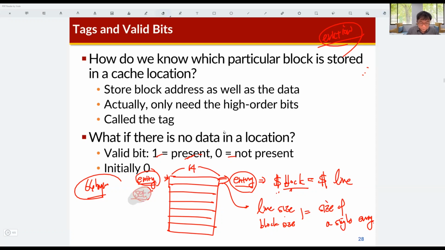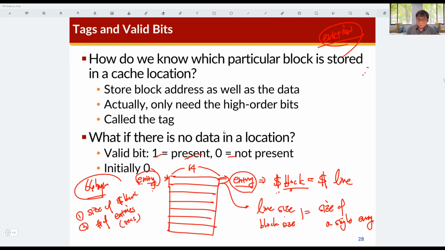When we talk about the configuration of the cache, we mention first the size of the cache block, that is the size of a single cache entry, and also the number of entries or number of sets.